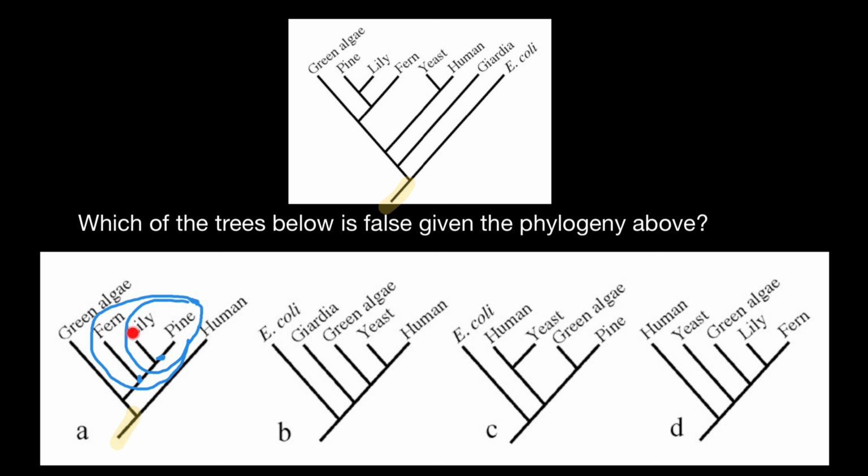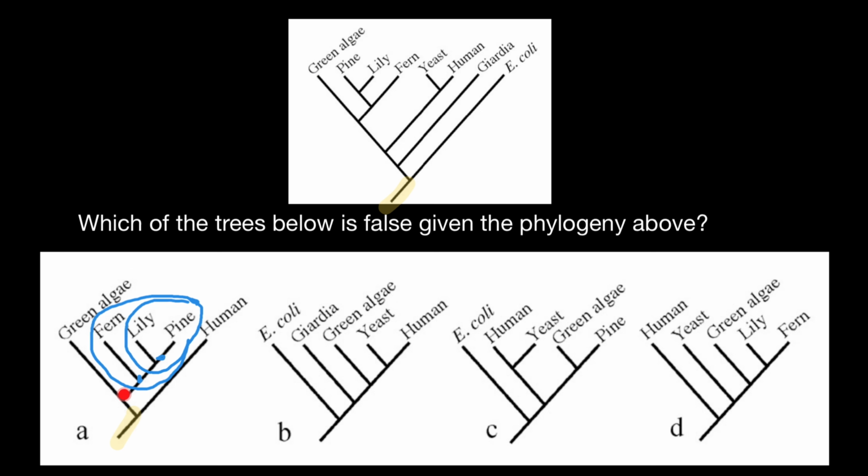On this phylogenetic tree, we are missing Giardia, E. coli, and yeast, but we have human, and also green alga. As I said earlier, this clade here, pine, lily, and fern, is the same as we see here. If we go down closer to the root, we would see a common ancestor with green alga.